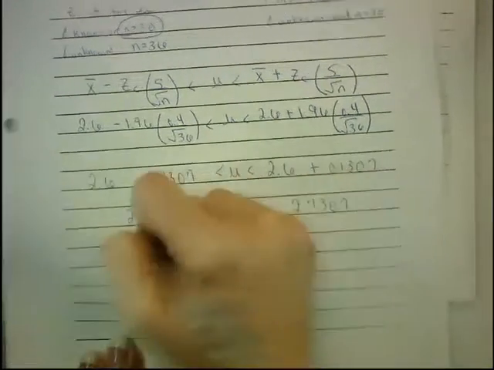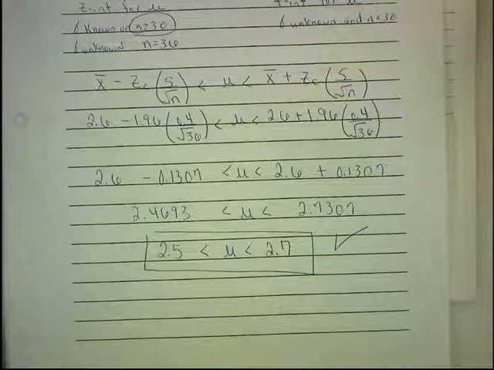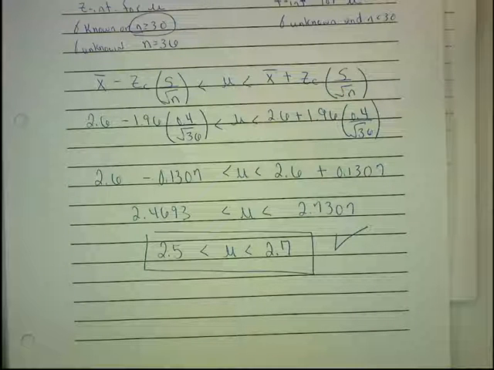Final answer. So the 95% confidence interval for the true population mean, or the walking rate of all camels everywhere, is between 2.5 miles per hour and 2.7 miles per hour.